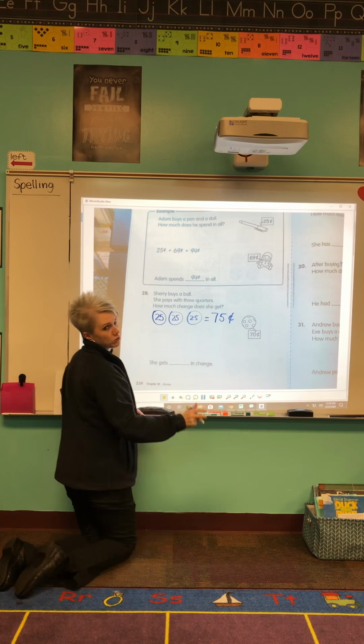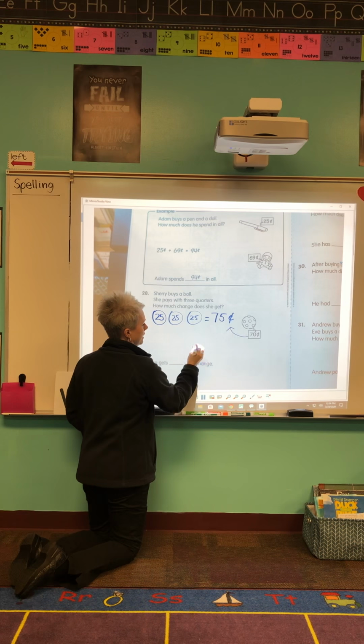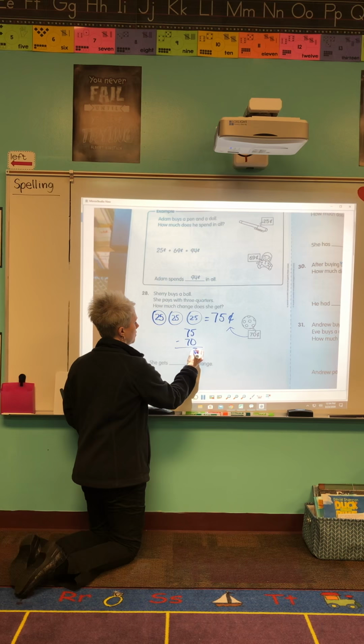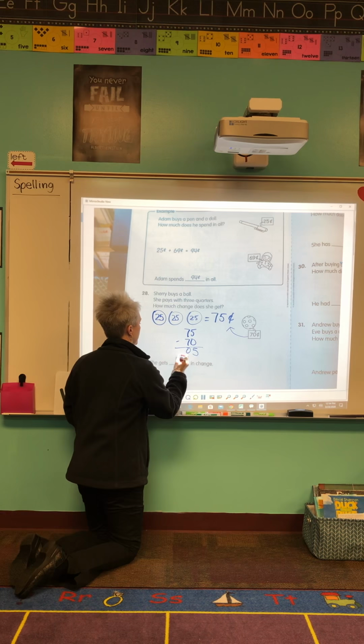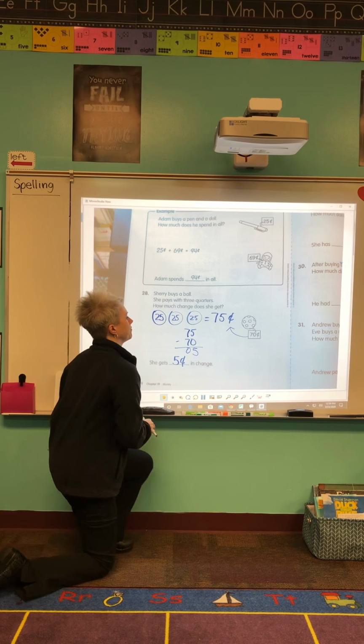How much change will she get? That means we have to subtract 70 from 75. So you can stack it up. 5 minus 0 is 5. 7 minus 7 is 0. She gets 5 cents in change.